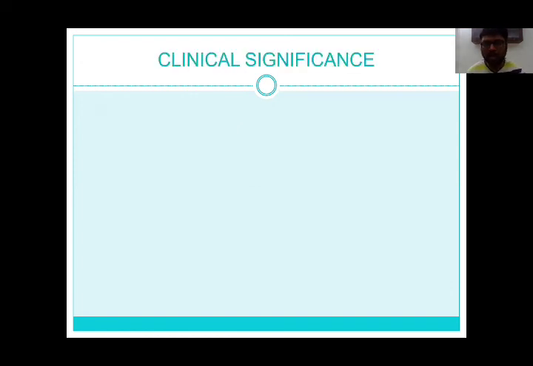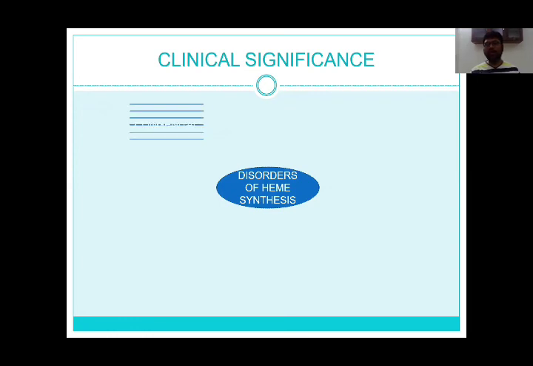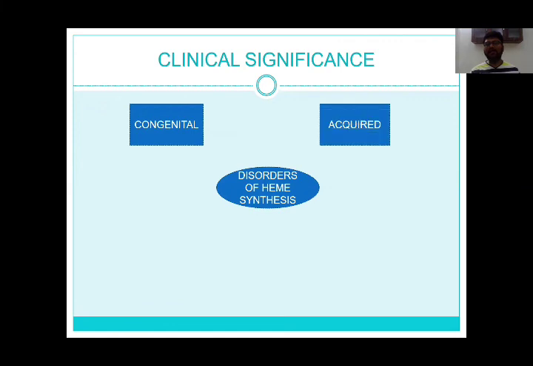Coming to the last part, clinical significance. Here we will be discussing the disorders of heme synthesis. These disorders can be caused either by congenital or acquired defects of the enzymes involved in the pathway. Whenever there is a defect in the enzyme, heme will not be synthesized.